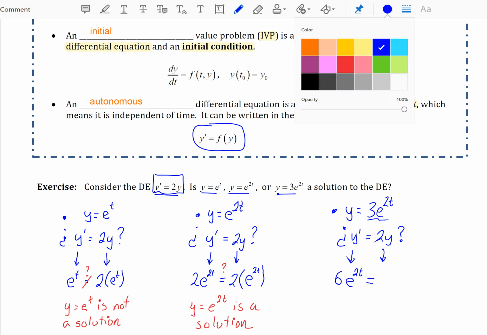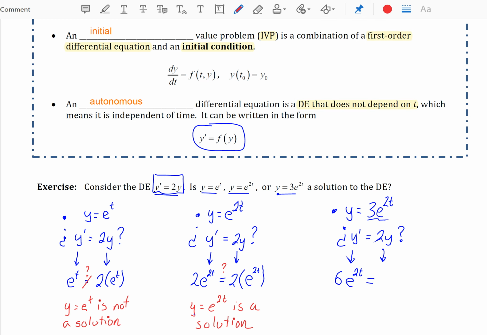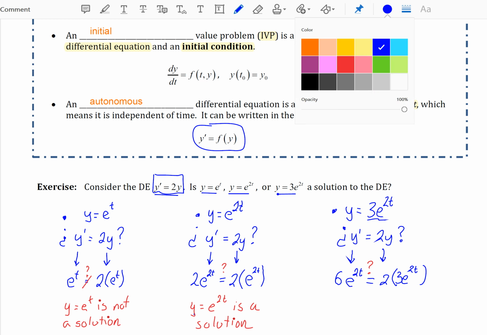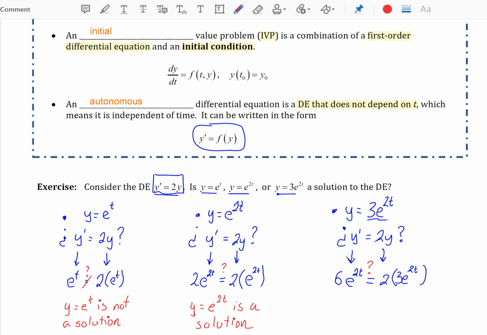And we're asking, is this going to be equal to 2 times our original function? And we can verify by multiplication that these are equal, which tells us y equals 3e to the 2t is also a solution to the differential equation.